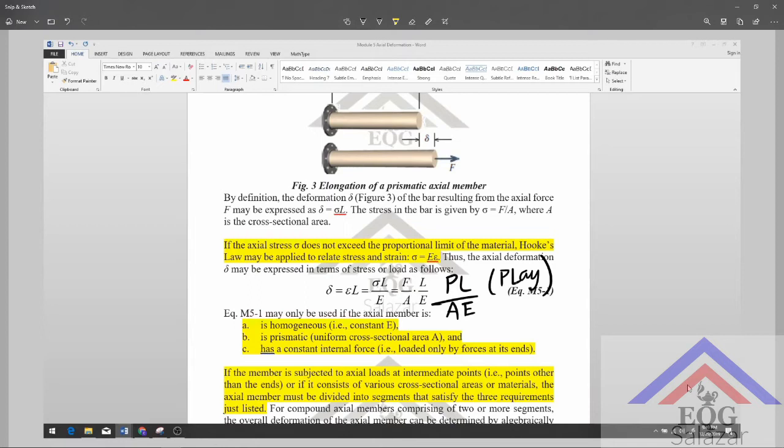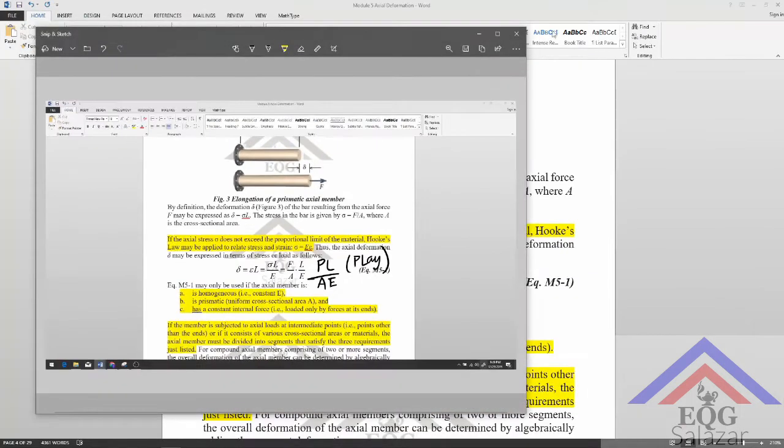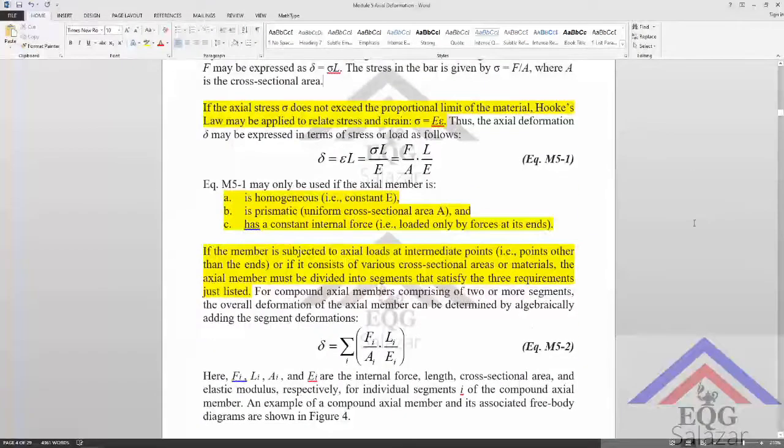As engineers, it is our job to develop our problem solving skills, and sometimes it requires more than one method of solving problems. All right, so this is one method of recalling the formula. Okay, so moving on.